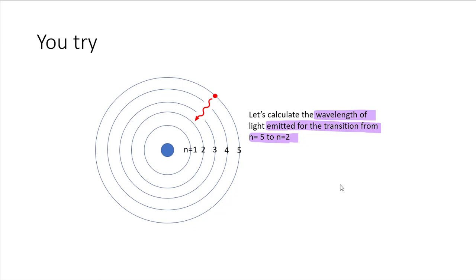So again, if I were taking this class, I would think I was the luckiest person in the world because you got me, and there's only 14 of you. But I would pause, try to solve this before I work you through it on how I would do it. So you're looking for the wavelength of light emitted when an electron falls from n equals 5 to n equals 2.